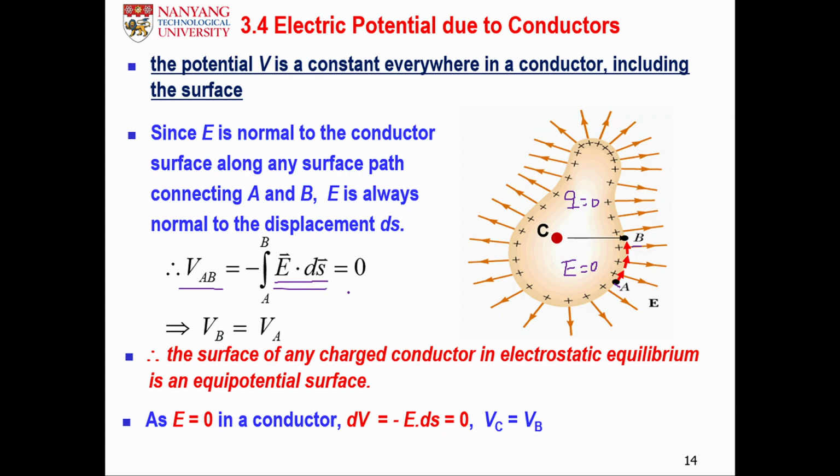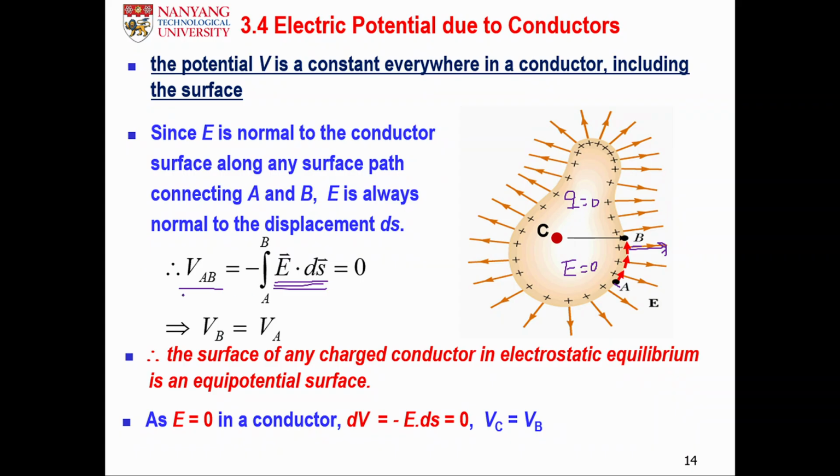Integration of this dot product. And we already know for this kind of surface, at any point, E is along the surface normal. The direction of E is always along the surface normal, meaning this dot product is always 0, right?